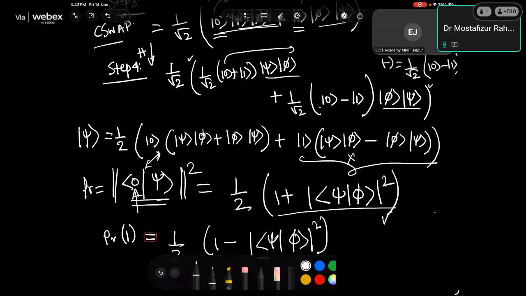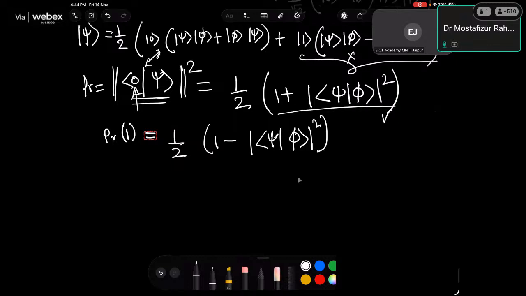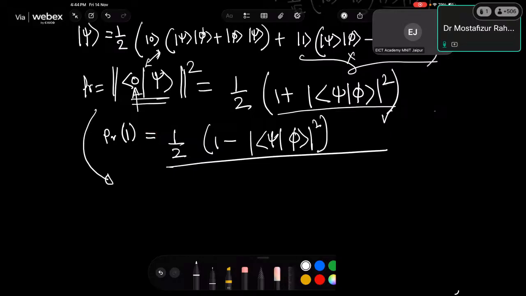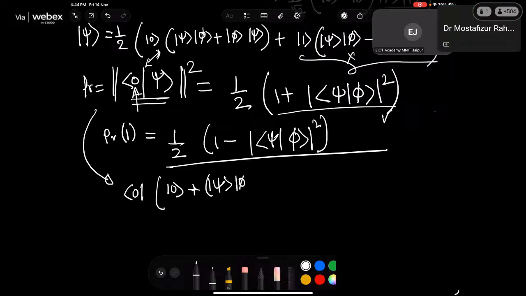Let me expand this equation for simplicity, so that there is no doubt. Let us calculate the probability of 0. So 0 times psi means the entire state. You get 0 times this 0 plus psi phi plus phi psi.